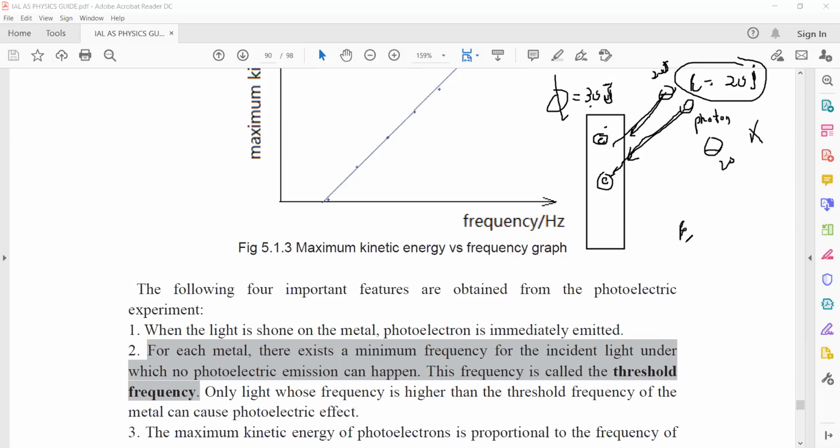For the photoelectric effect to occur, the energy of a photon must be greater than or equal to the work function. If for one photon it is less than the work function, there is no photoelectric effect.